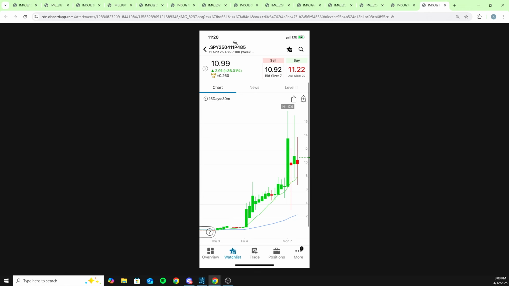You can see on the 30-minute, the puts are crossed on the 30. That means we're bearish. The 10's above the 50. This is how we know the market has trend, and when we do have trend, you want to focus on playing trades in the direction of that trend. The 10 SMA is the green line, the 50 is the blue line, and since the 10 is above the 50, with the 50 being flat or curled up, it's curled up in this case, that means we're trading bearish.